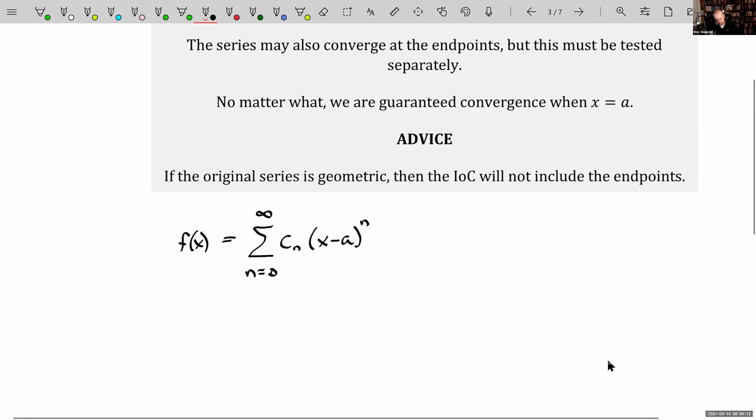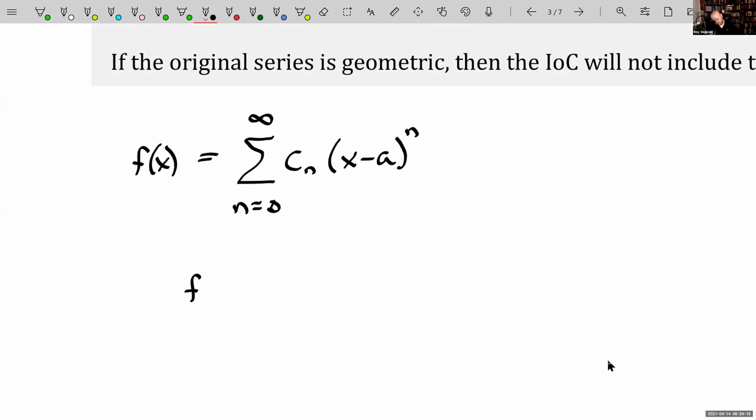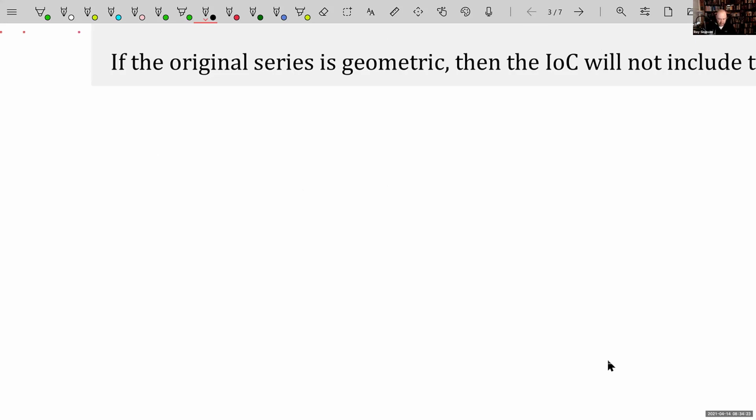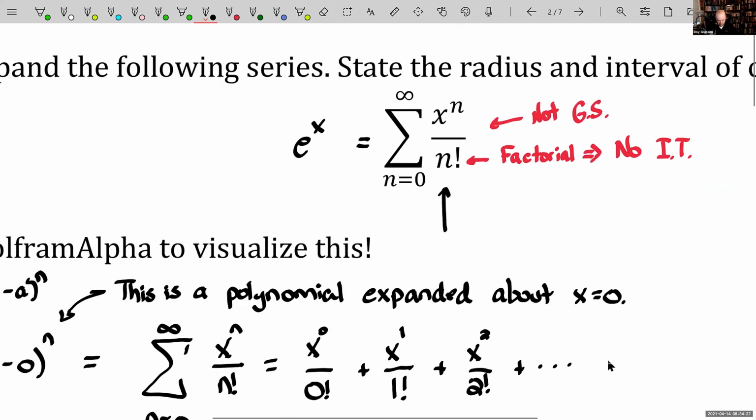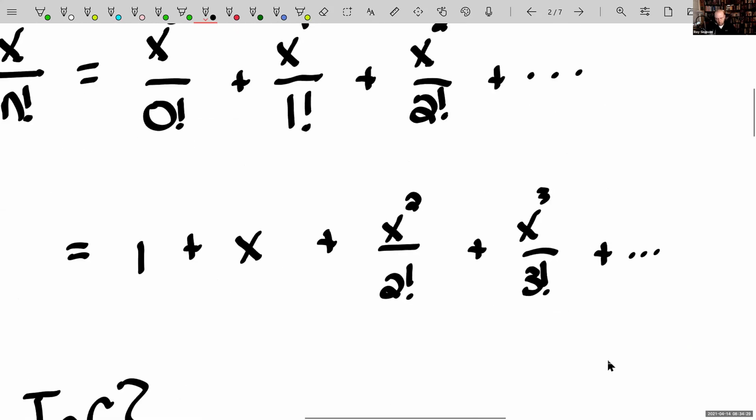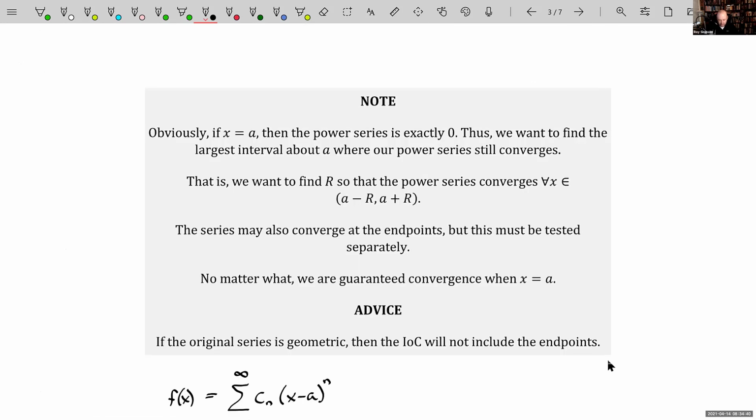If you let x equal the center, for example, in that e to the x situation, we centered it at 0. So if you were to plug 0 into our previous example, you would get 1 plus 0 plus 0 plus 0 plus 0 plus 0 plus 0. Obviously, that converges, right? It converges to 1.